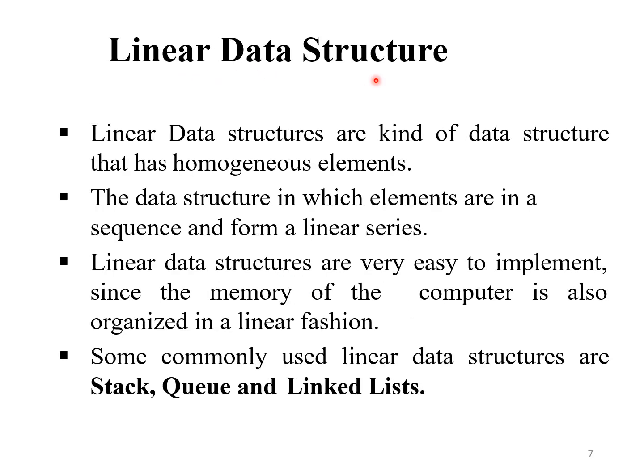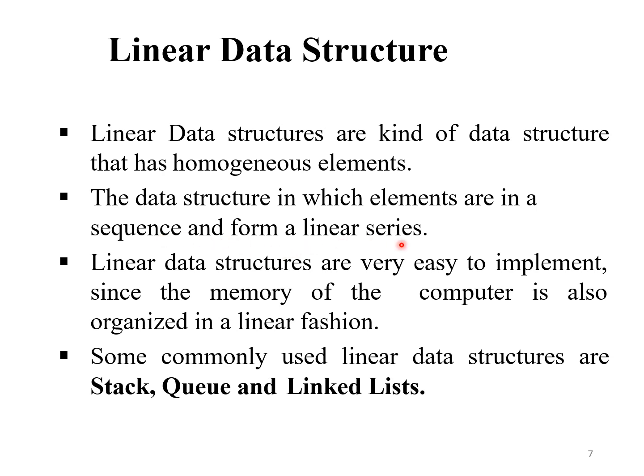Linear data structure. Linear data structures are a kind of data structure that has homogeneous elements. Means in a linear data structure, the elements are of the same type. Next, the data structure in which elements are in sequence and form a linear series.